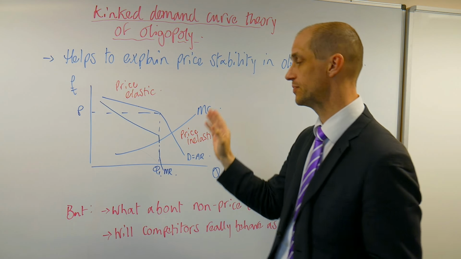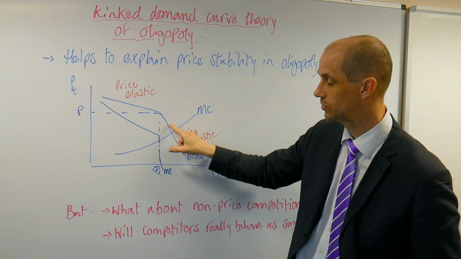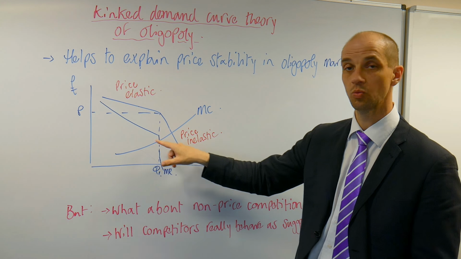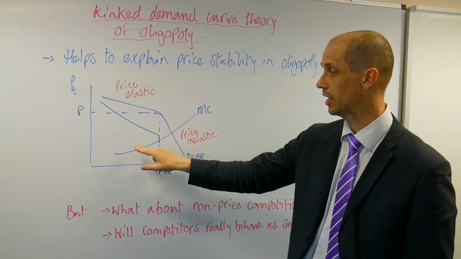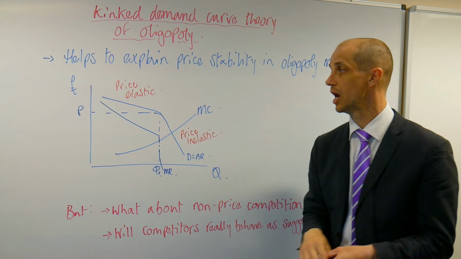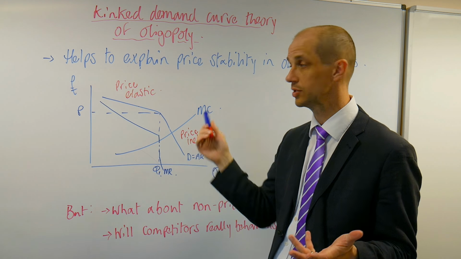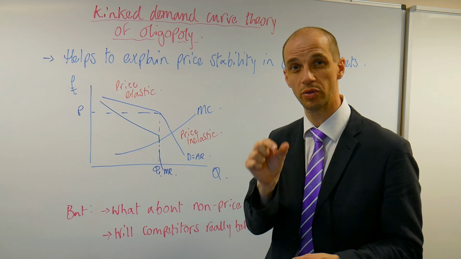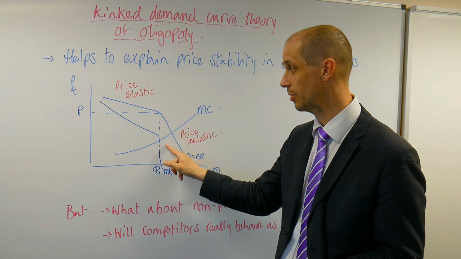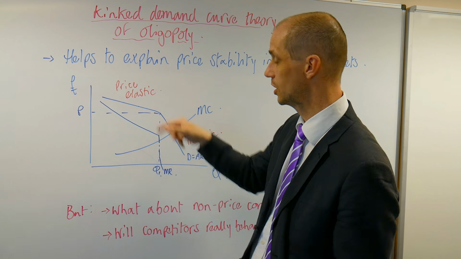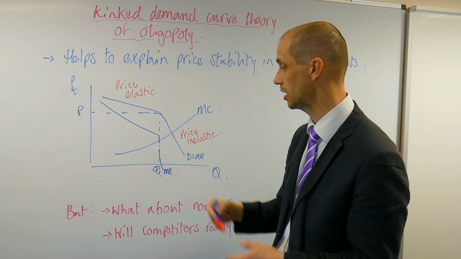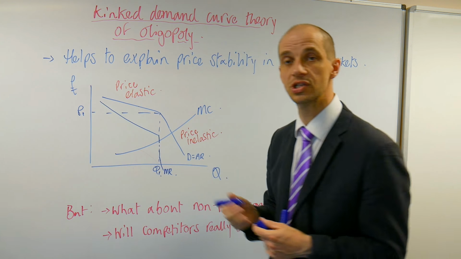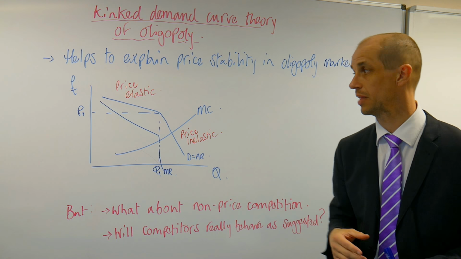This highlights the fact that marginal revenue at this point will be equal somewhere along here to the marginal cost curve. Oligopolies want to maximize their profits, so they will produce where MC equals MR, so we will have a price outcome of P1 and Q1. There is no incentive to deviate away from that position.